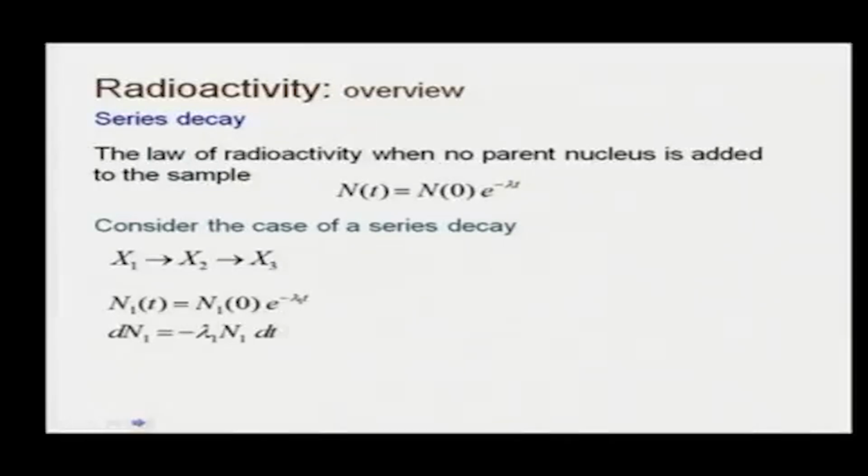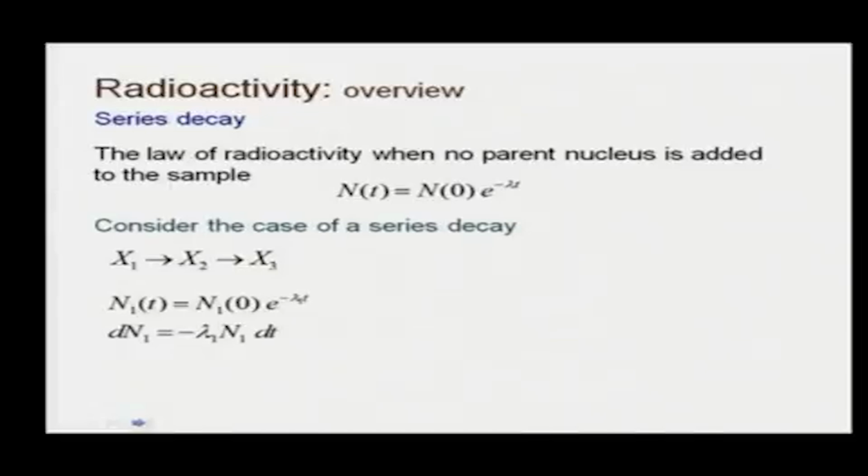This is true as long as no parent nuclei are added to this. If you add more particles to it, then the number of particles present at time t will not be this.